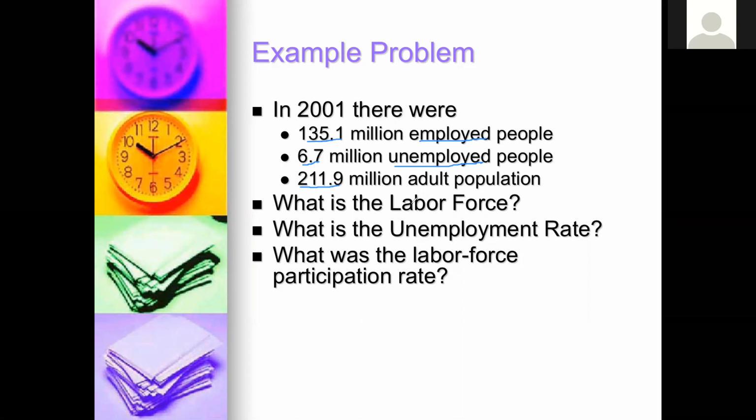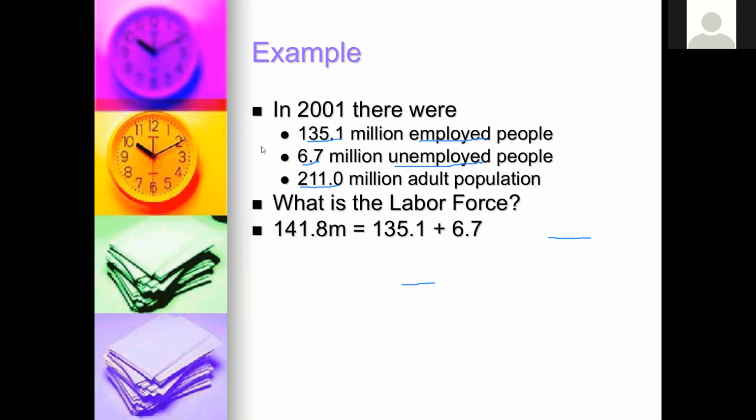So our questions ask us, what is the labor force? What is the unemployment rate? And what is the labor force participation rate? Make sure on these rate ones that you do in fact calculate that as a percentage. Okay, so let's take this data and work with it.